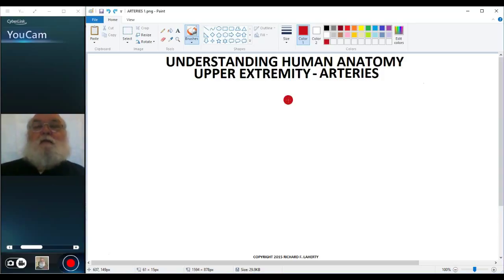I'm going to begin with the subclavian artery. The subclavian artery begins in the thorax. The right subclavian artery branches from the brachiocephalic artery.